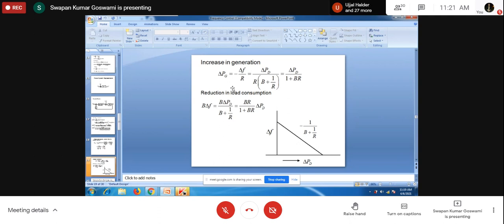And as the frequency has changed, what happened? The generator has increased its power output by this amount. The existing load of the system, because the frequency decreases, will be consuming somewhat less power. How much less? It will be consuming this much less of the power which it was consuming previously. This much will be the reduction in power demand by the existing load.